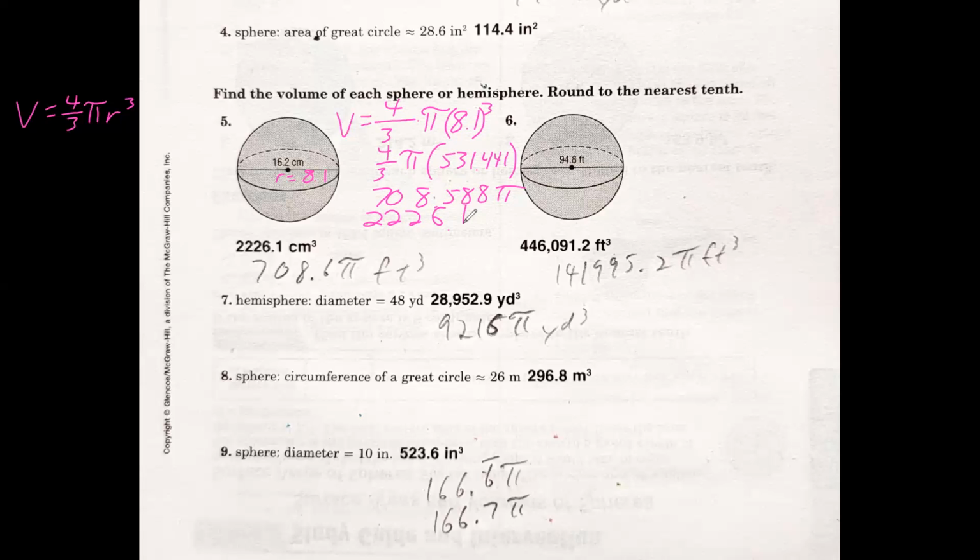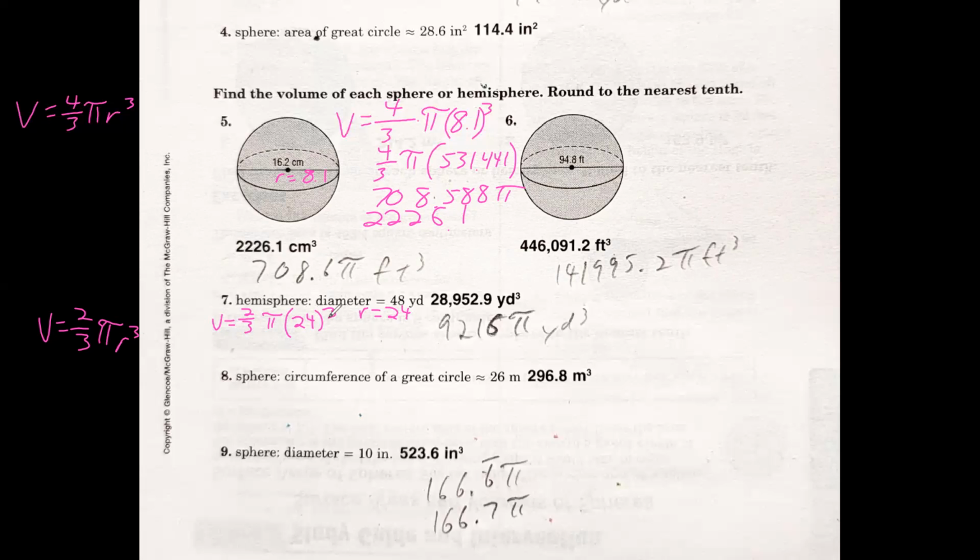Which one? 7? Sure. So this one was a hemisphere. Again, difference between hemisphere and sphere. Now we're doing 2/3 instead of 4/3. Again, everything else is the same. And then we're just plugging in. They told us that we had 48 for the diameter. So the radius would have been half of that, which is 24. So when we plug in, we have volume equals 2/3 pi 24 cubed.